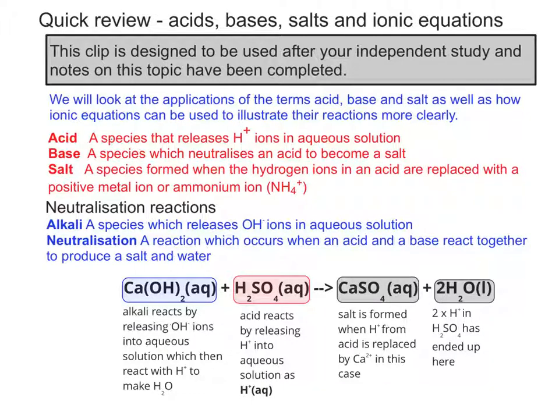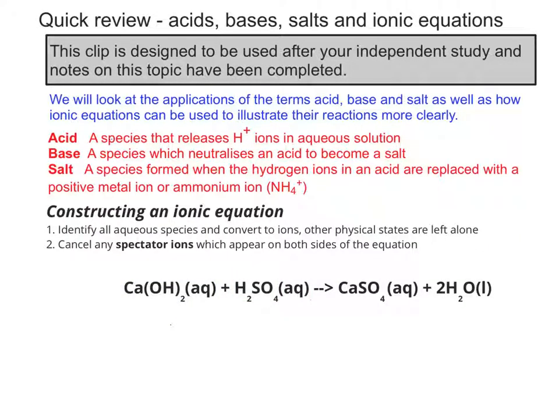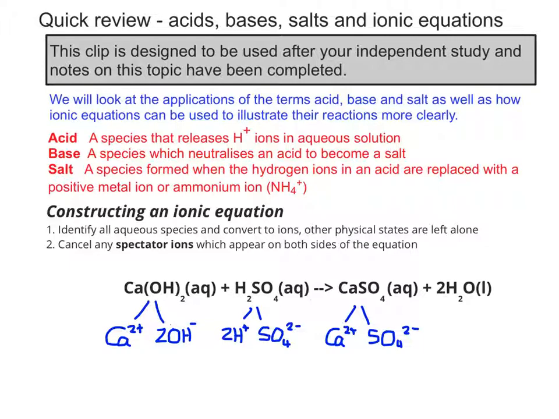So there's quite a lot going on at this point, so the easiest way to tackle this is to turn it into an ionic equation so you can see exactly what is actually being produced. So let's now look at calcium hydroxide. We'll react that with H2SO4, and we're going to convert everything that's aqueous into ions, and we'll also look at any other physical states being left alone.